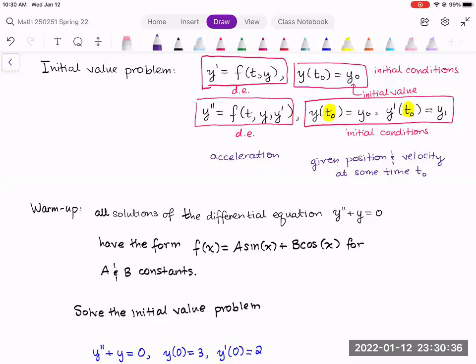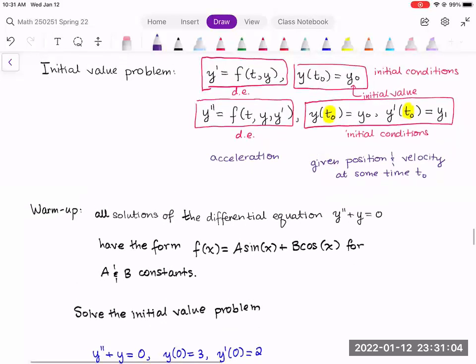Okay. So hopefully that makes it a little bit clearer what an initial value problem is. If we're looking at a third order differential equation, we'll need to know a value of the function at a particular time, the derivative at a particular time, and then the second derivative at the particular time.